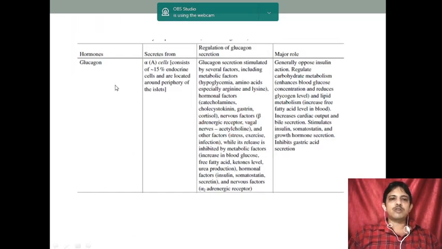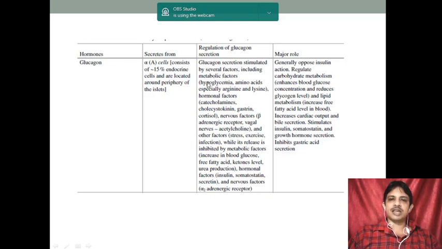For example, glucagon. Glucagon is secreted from the alpha cell, and almost 15% of the endocrine cells located at the periphery of the islets are alpha cells. What is the regulation? Glucagon secretion is stimulated by several factors. What are the factors?